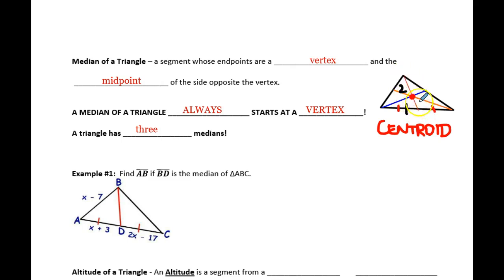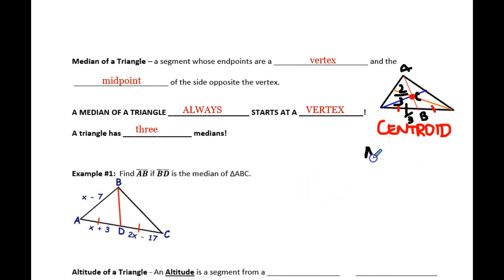So this little portion is 1/3 of the whole, and from the vertex to the centroid is 2/3 of the whole. So, for example, if I want to call this A, B, and we'll call this C for centroid.